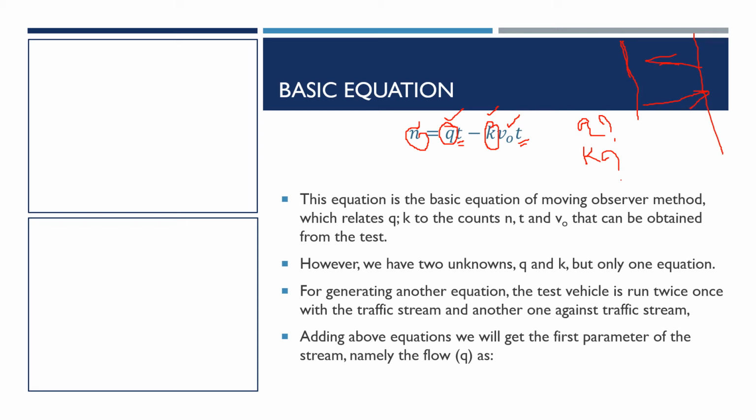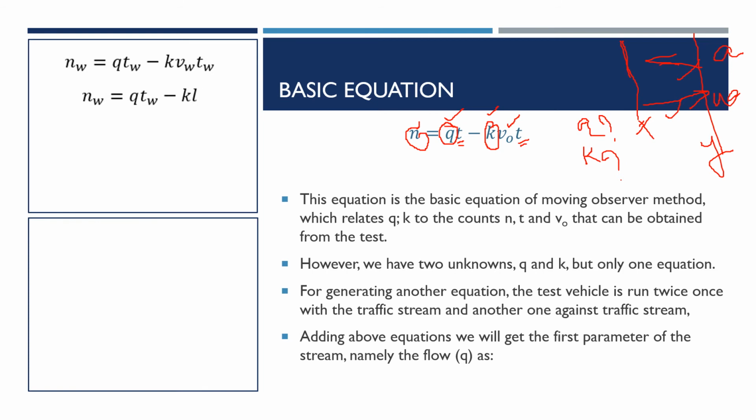This is considered to generate two equations to solve this. So this is the basic equation, and to solve this we are now going to write it in terms of the test direction. If it is moving from x to y, let's consider this as along with the flow, and y to x as against the flow.